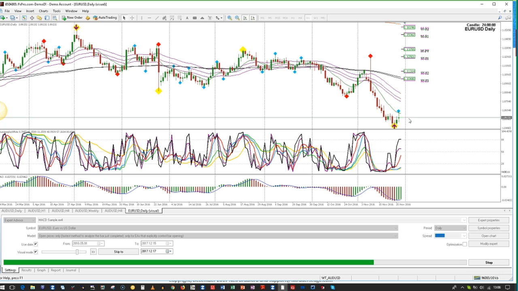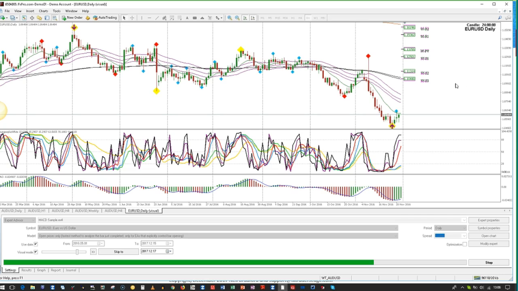Now, we know that move up is coming. Why did we know that move up was coming? Because across here, we've got Bungee divergence. Let's keep it going. Bungee divergence guiding, telling us when we're going to turn around.